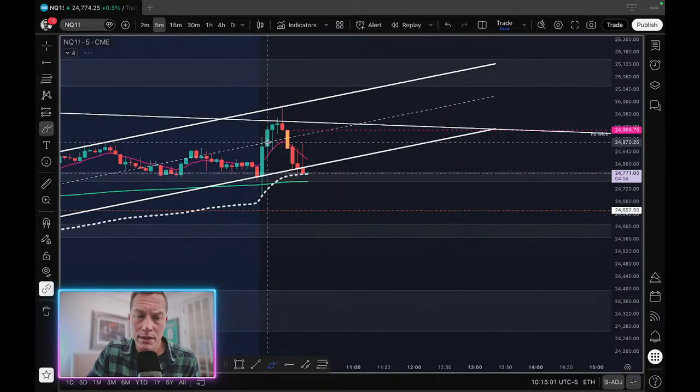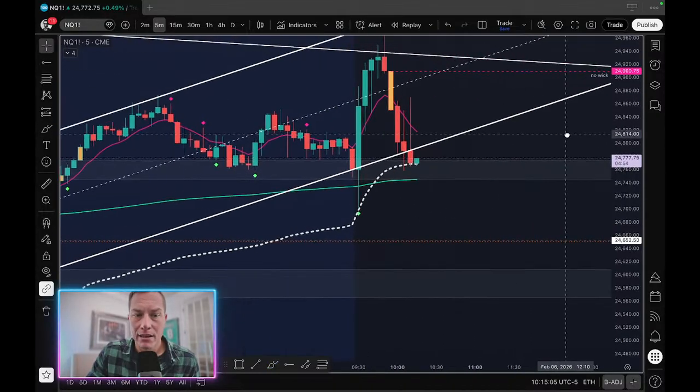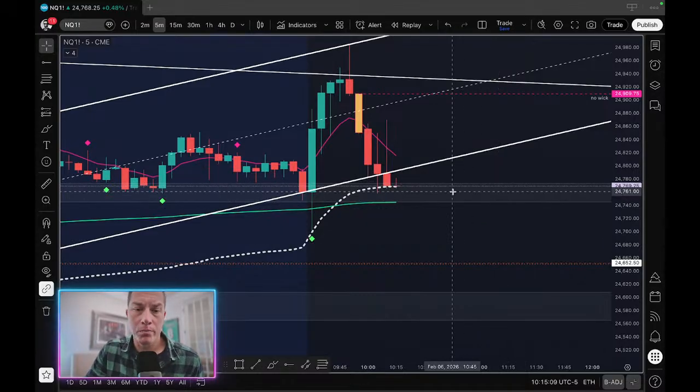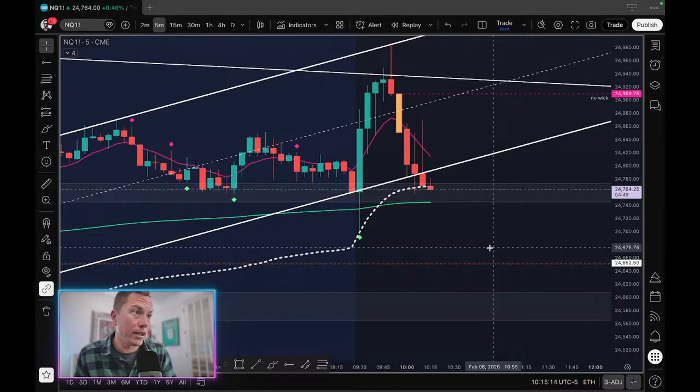Okay, so let's look at the 5. Let's dive down and dissect these lower time frames to see what we're doing. So, okay, we're just sitting on top of VWAP right now. Could want to break here in a minute, but just watching.